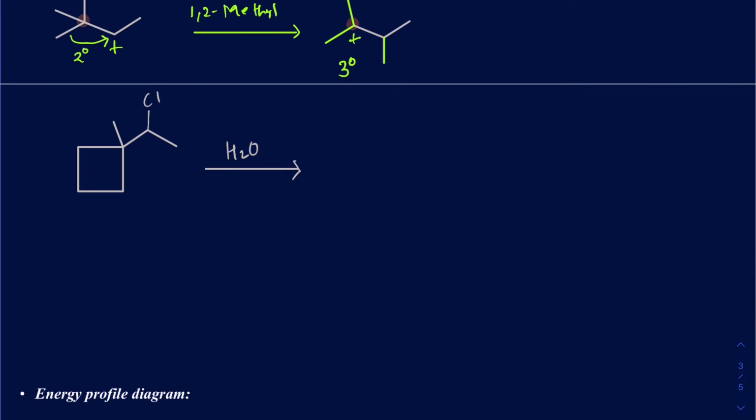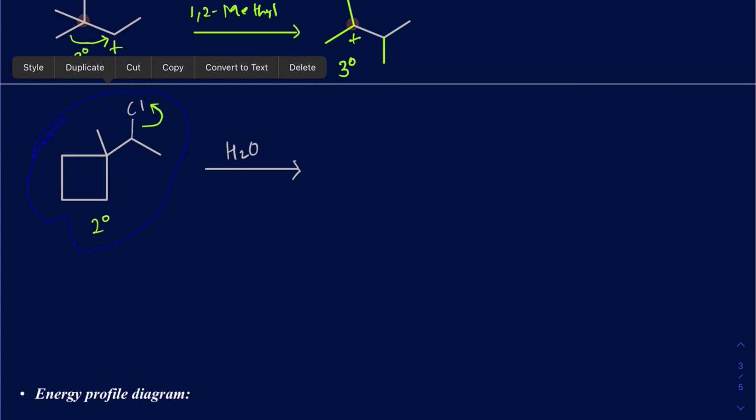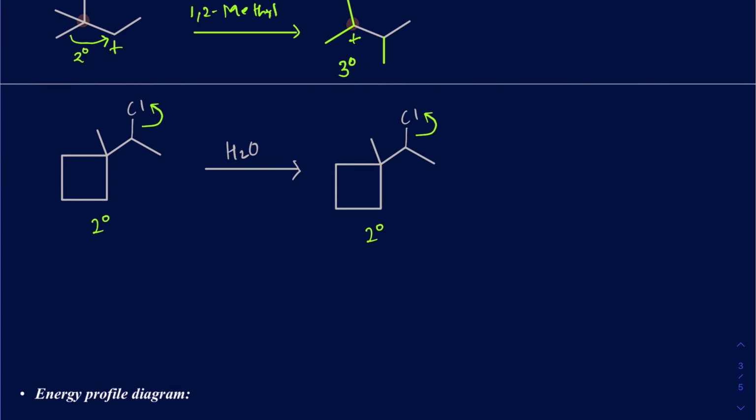Now this next one is a ring opening type. So similarly, I've got the secondary alkyl halide and a weak nucleophile. So the first step is going to be the leaving group going away. So when this leaving group leaves, let's see what kind of carbocation is going to be made here.